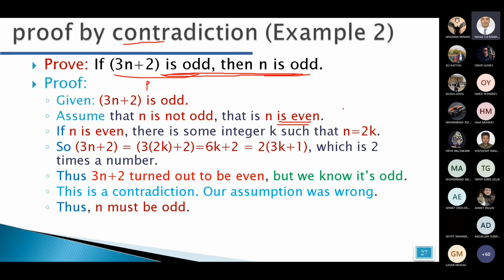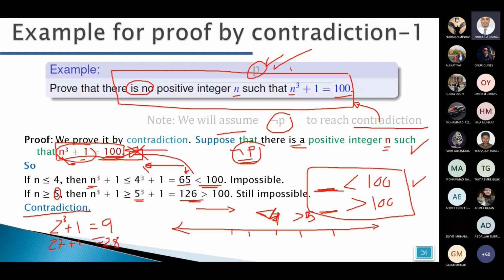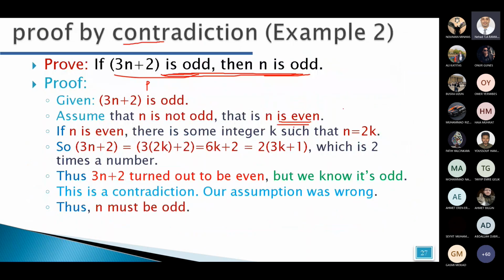Okay, this question merges two ways, the contradiction with the contraposition, because we already have P implies Q here. Sometimes we have P only, like this question. Okay, so I think this proof is very close to contraposition. So we assume that n is not odd, so it's even.